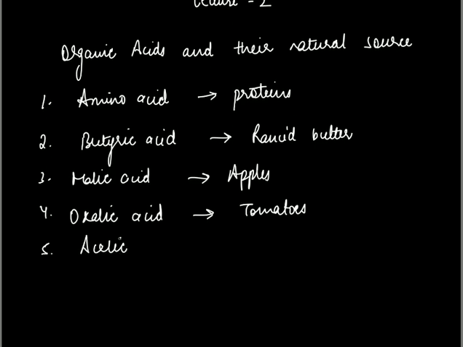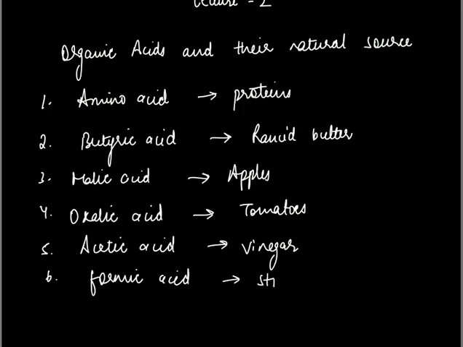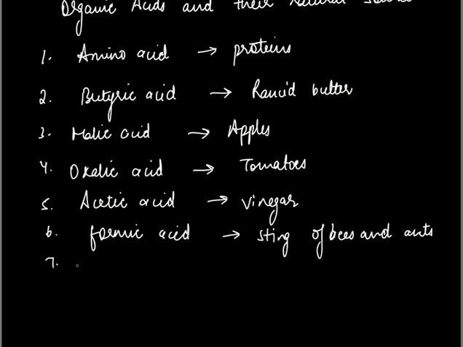Acetic acid we already discussed, vinegar. Formic acid, sting of bees and ants. Then we have lactic acid, sour milk.